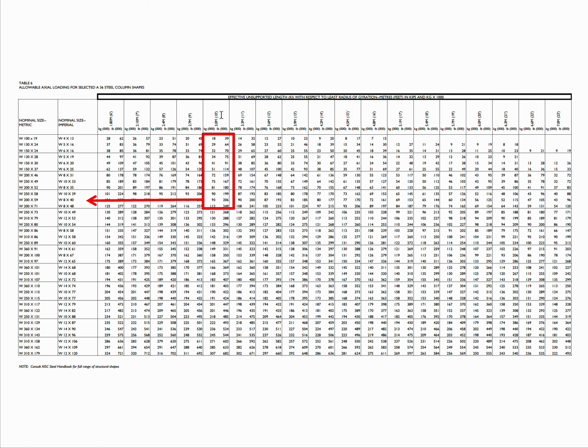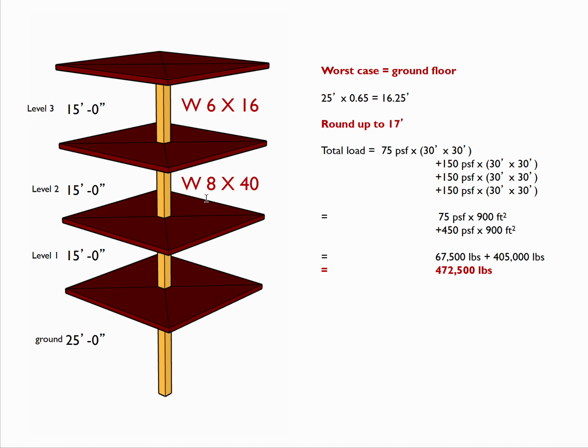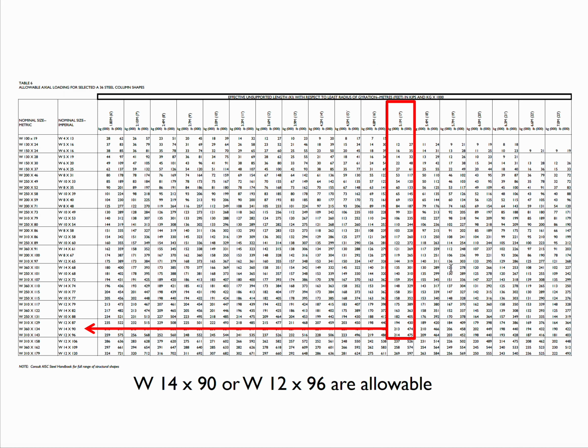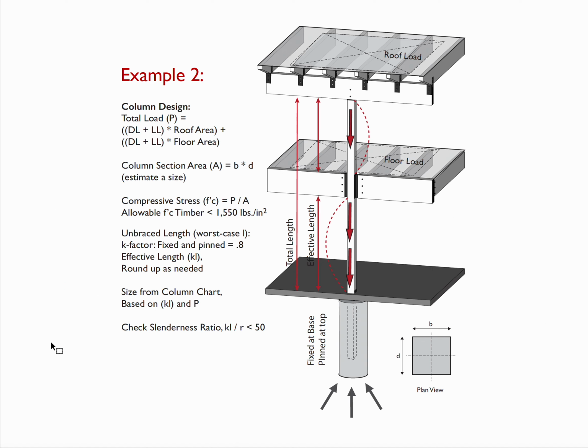So again, 10-foot height, 202. We find that, comes across. That's an 8 by 40. We can do this for the next one down and the next one down itself. We find out that when we get to the very bottom, that actually we have a W14 or a W12 by 96 that's available.